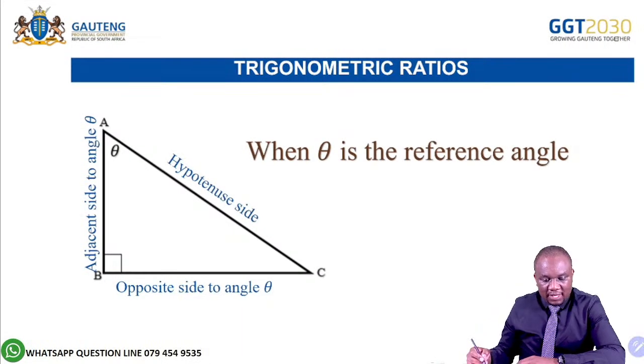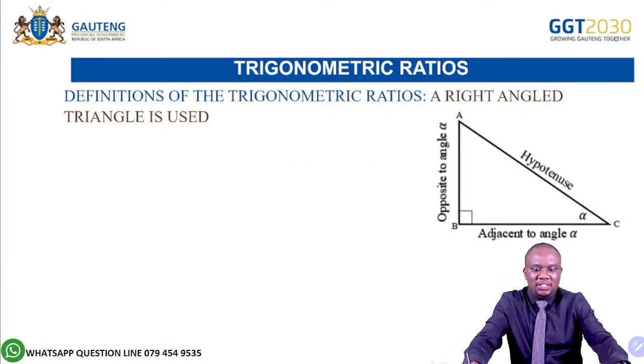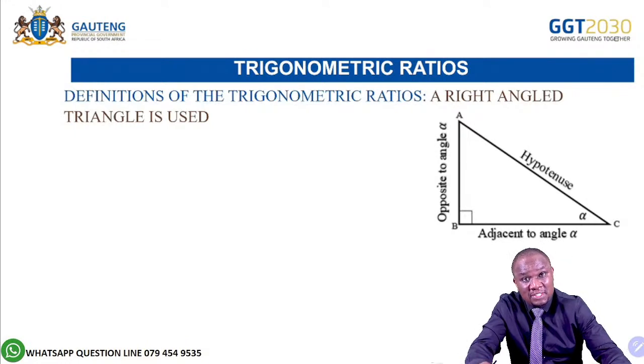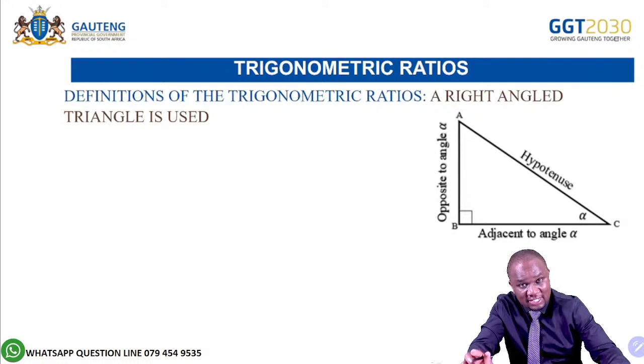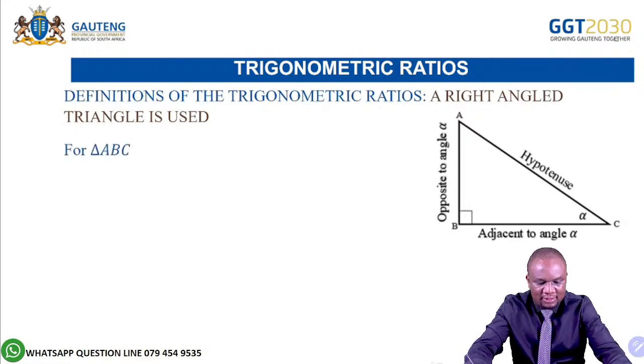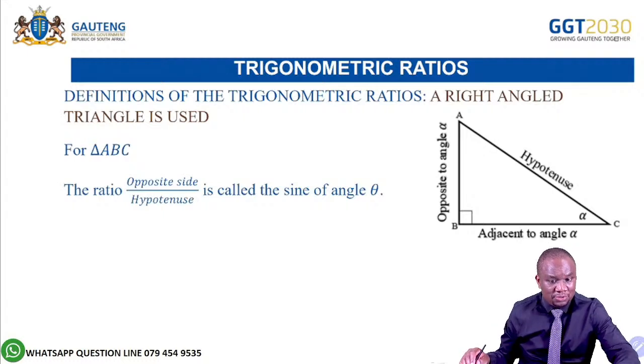Right, welcome back. Definitions of the trigonometric ratios. A right angled triangle is used. Remember our objectives? We are going to define trigonometric ratios using a right angled triangle. So we have our right angled triangle here, which is ABC. And then we are saying the ratio, what ratio?